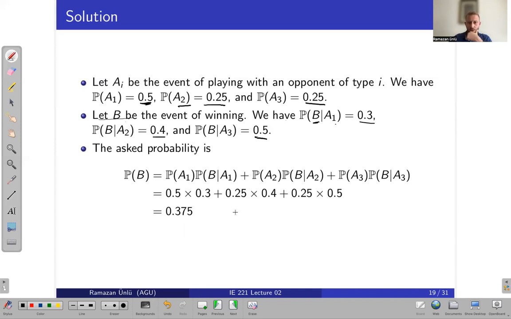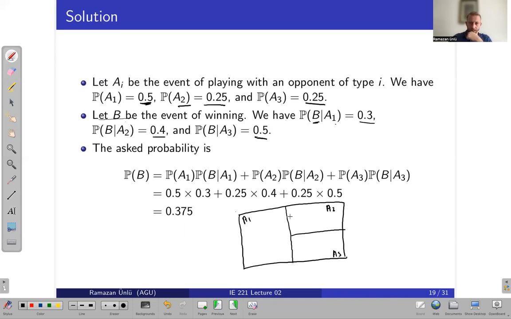Let's say this is type 1, this is A1, this is A2, and this is A3. So these are the probabilities of having an opponent from each type, right?